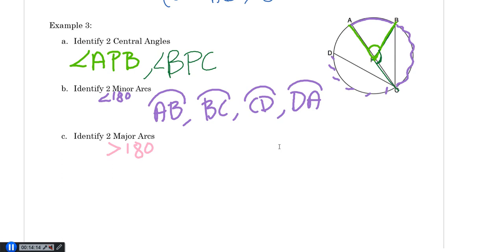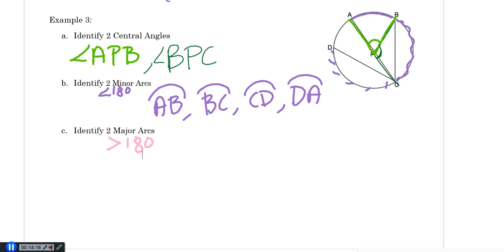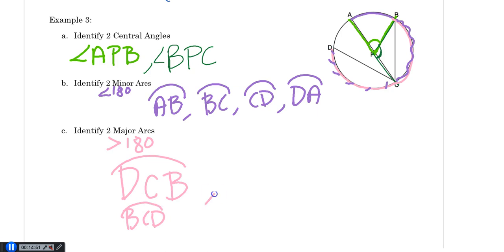So I'm going to just start, and again, the ones that I name are not the only ones, but if I start at D, so I'm going to start off at D, like I said. Sorry, my video's been pretty choppy. And I'm going to go, it doesn't matter which direction, so I'm going to go D to O to B. Again, it has to be bigger than 180, which is half the circle. So I'm going to say D, C, B. That's one option. If you went the other direction, it's completely okay. This one is the same as B, C, D, right? Those are the same ones.